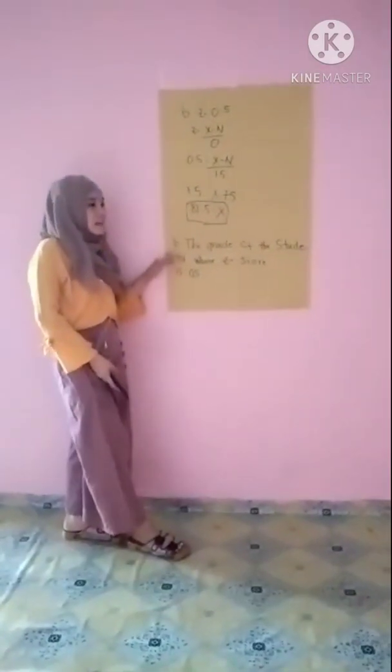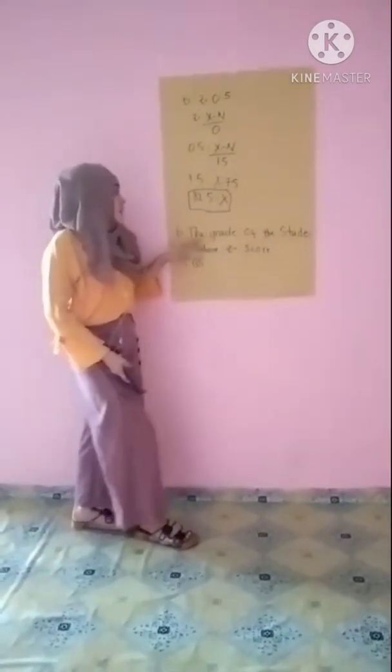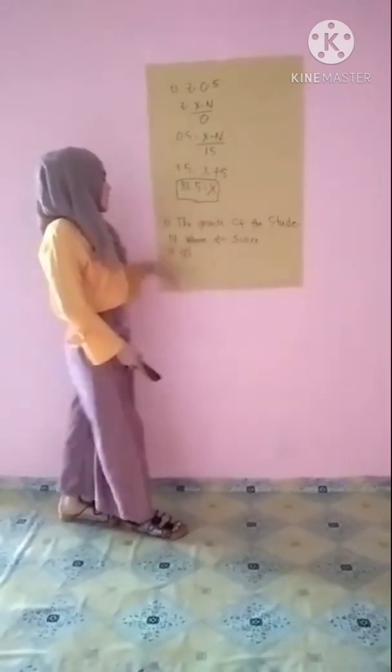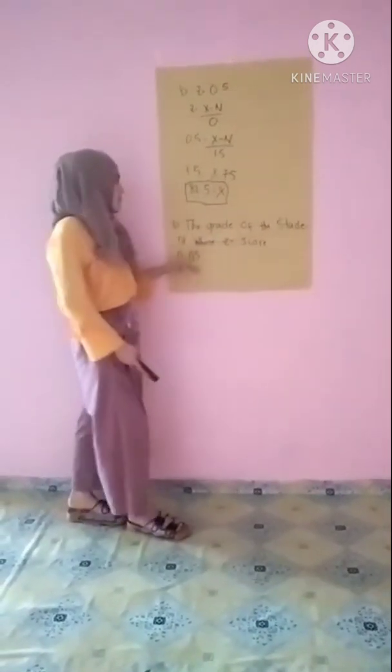Now for letter B: the grade of the student whose Z-score is 0.5.